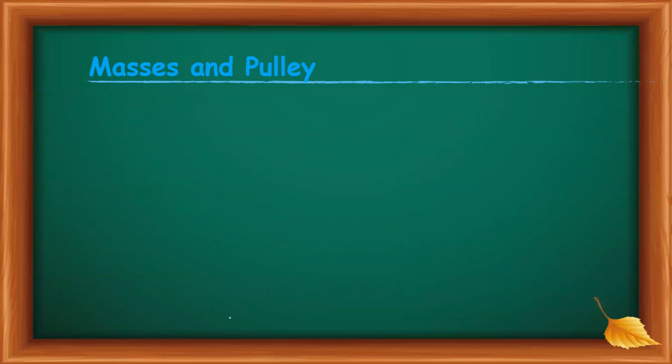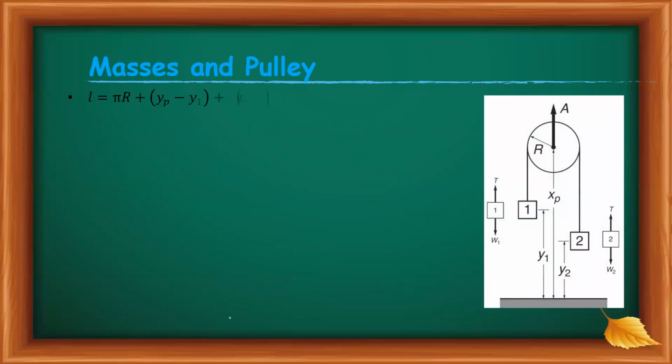Then we arrange the expression as pi r plus 2yp, and here there is a minus y1 and a minus y2.